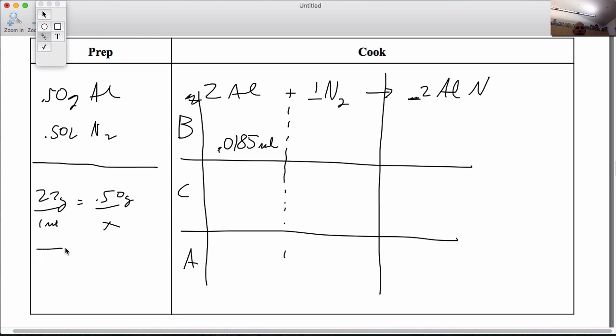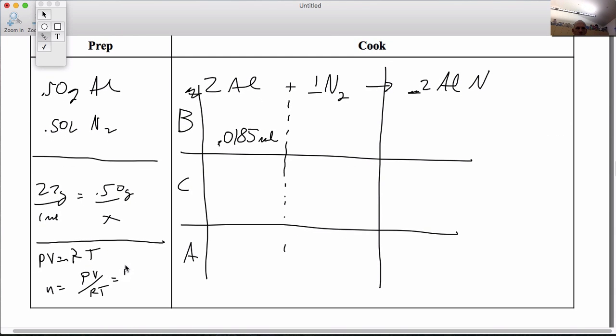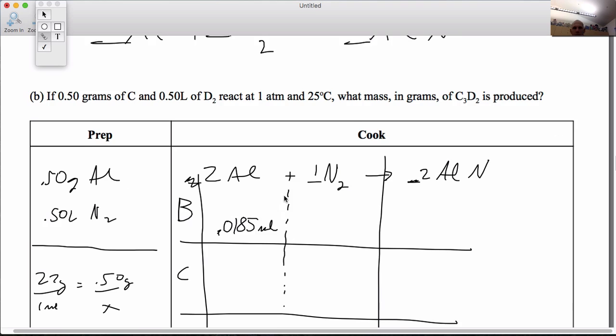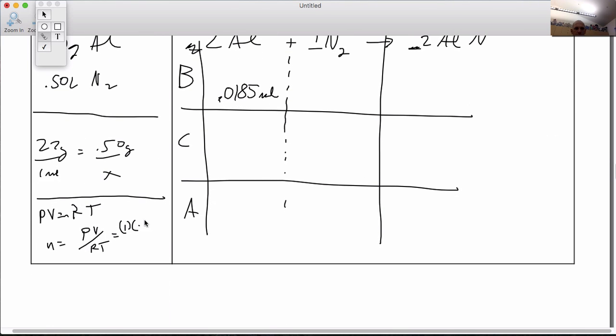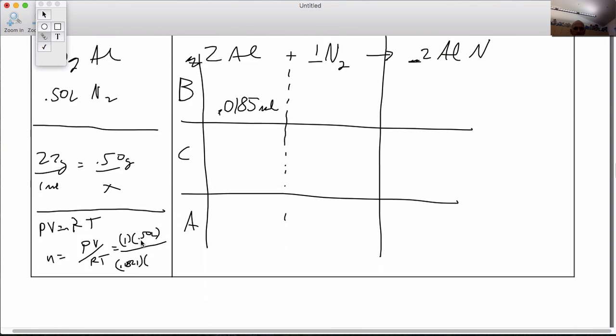And for 0.5 liters of N2, we're going to have to use PV equals nRT here. So n equals PV divided by RT. And I told you that the pressure is 1. I told you that the volume is 0.5. R is 0.0821. And the temperature here is 25, so 298.